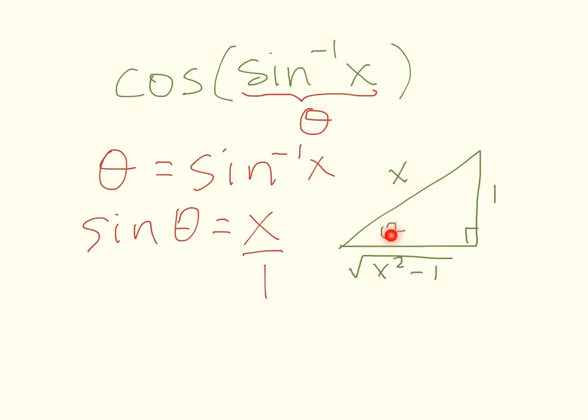Well, the cosine of this theta is the adjacent over the hypotenuse, divided by x. Right, so the final answer is the square root of x squared minus 1 divided by x.